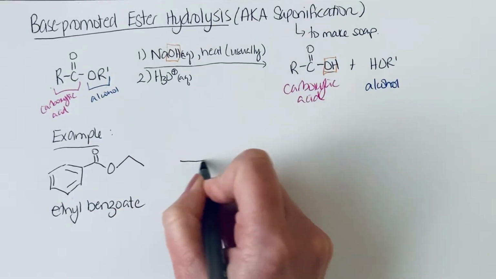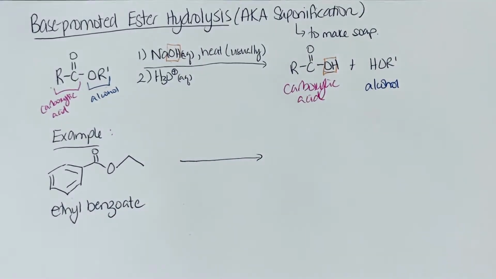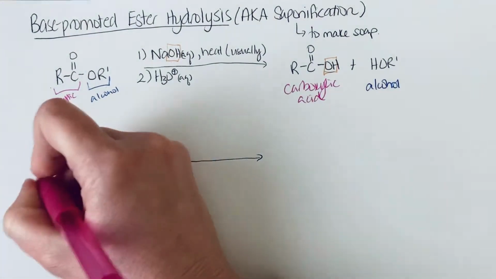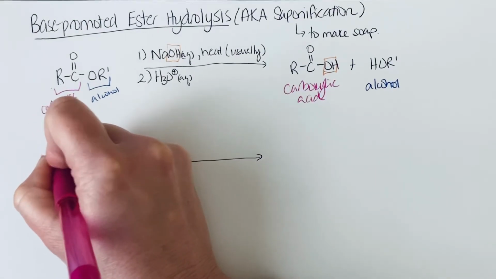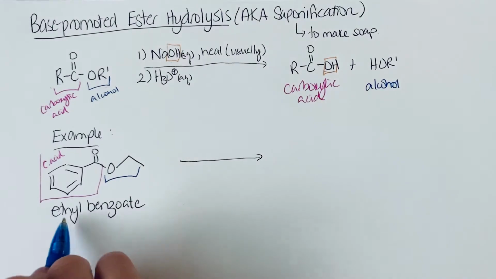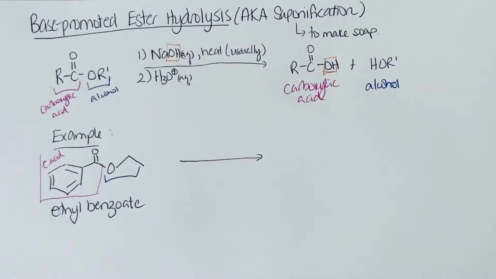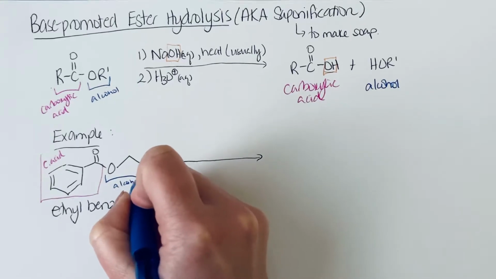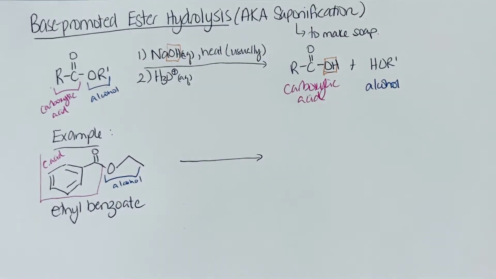Right, so the first thing we could practice is predicting what the products are going to be, right? So we see, okay, this is going to be our carboxylic acid portion, and then whatever was attached to that, so that is the ethyl portion with the oxygen there, is going to become the alcohol. So we can hopefully predict the product pretty quickly.